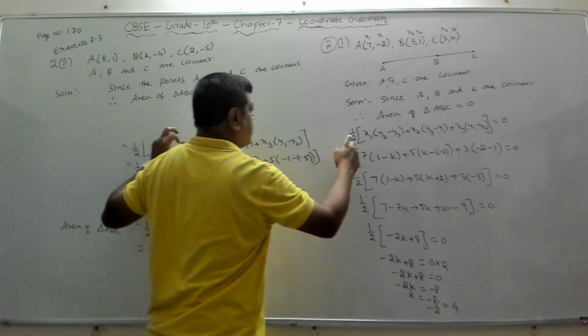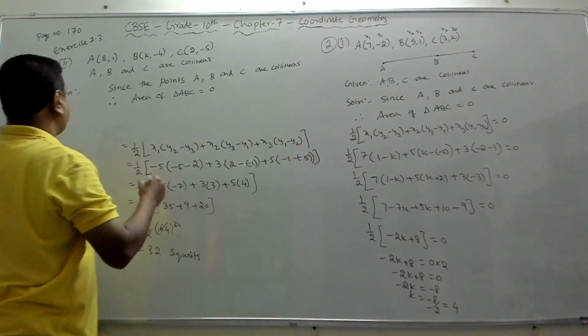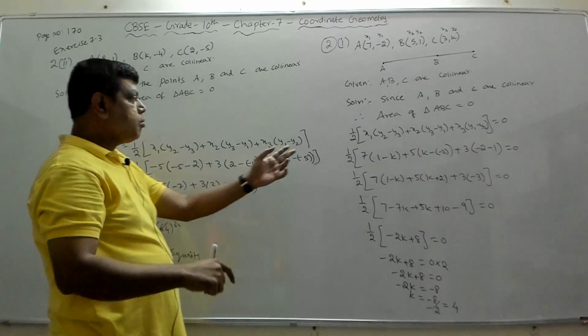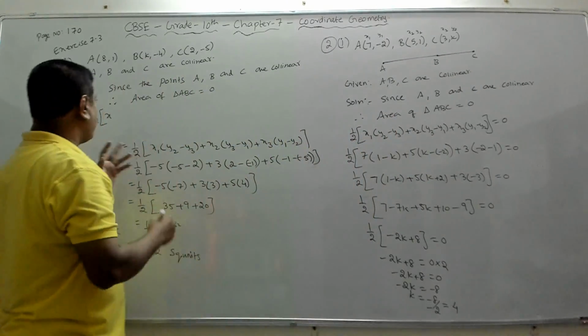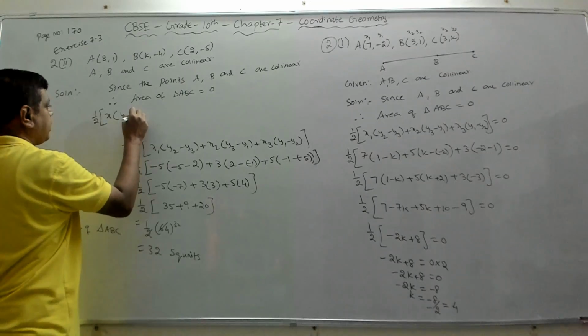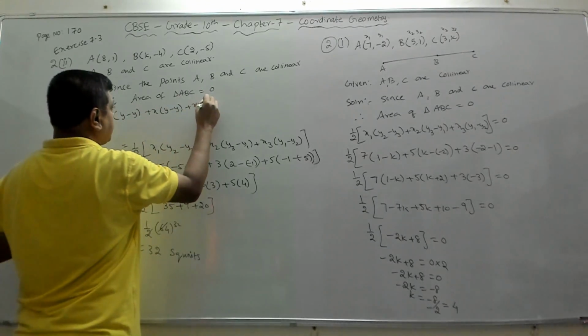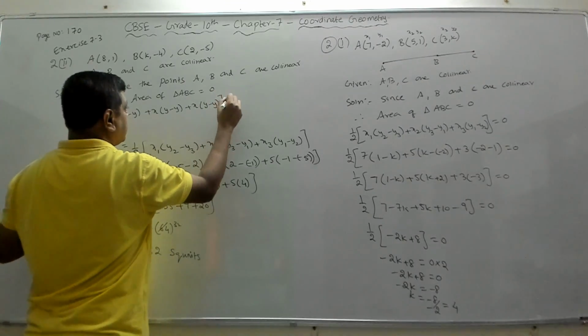We have to write this formula. This is the area of the triangle formula, which is half of x. If you want to remember this formula in short, this is how I write: x, then you put y minus y, again plus x, y minus y, again plus x, y minus y, then equal to 0.